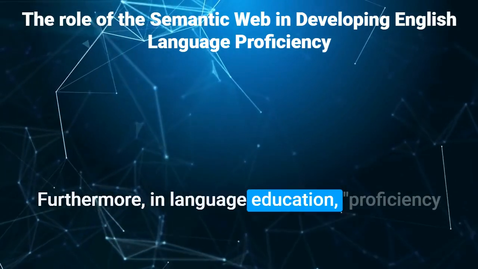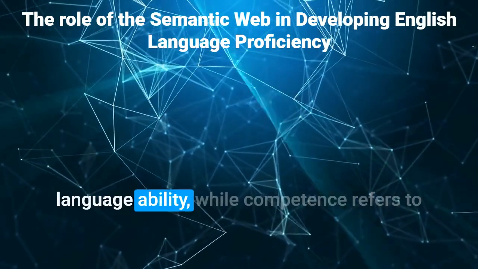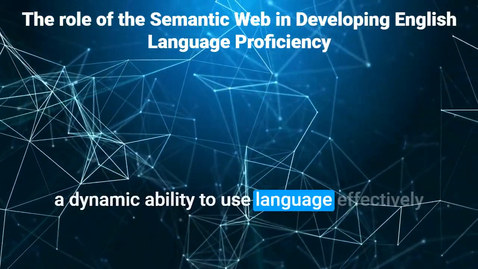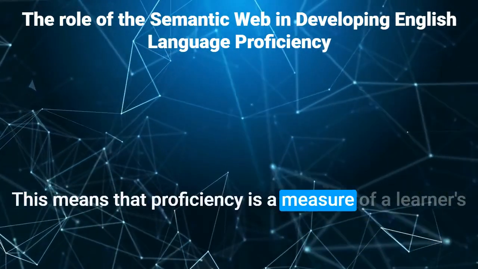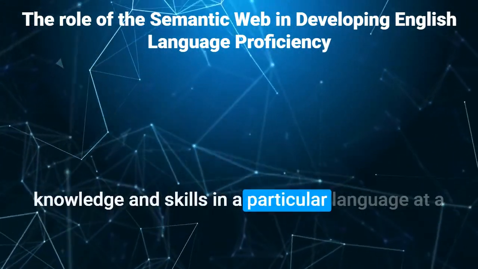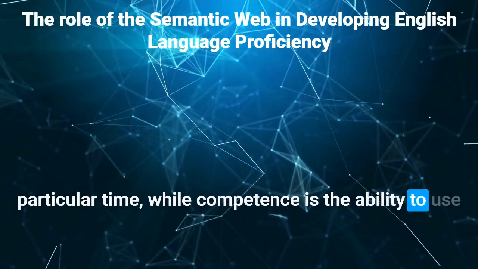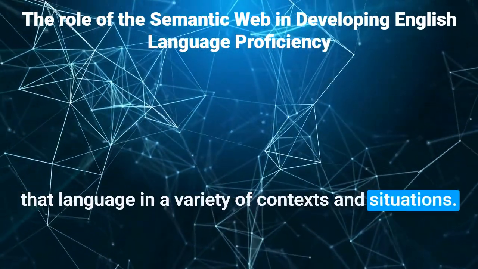Furthermore, in language education, proficiency is seen as a static measurement of a learner's language ability, while competence refers to a dynamic ability to use language effectively in different contexts. This means that proficiency is a measure of a learner's knowledge and skills in a particular language at a particular time, while competence is the ability to use that language in a variety of contexts and situations.